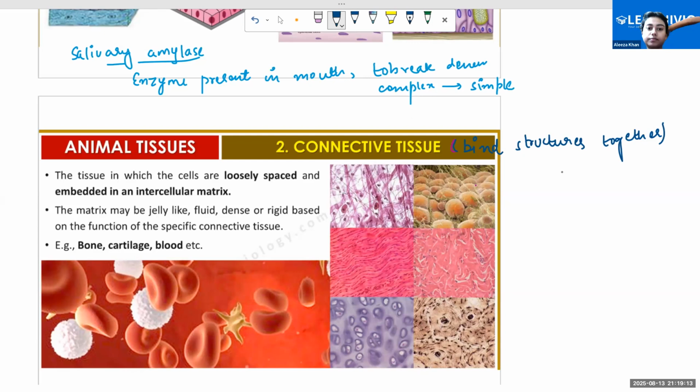Bones. Okay, bind the bones. Can I say bone to bone? Then other structures also.